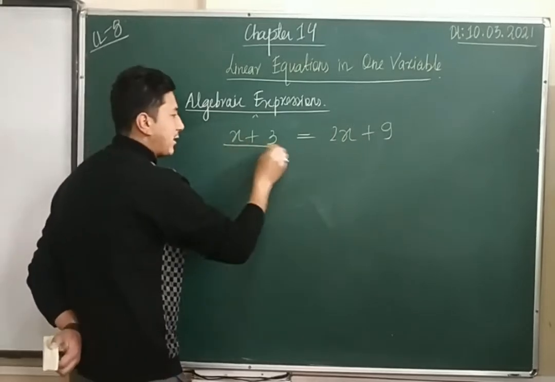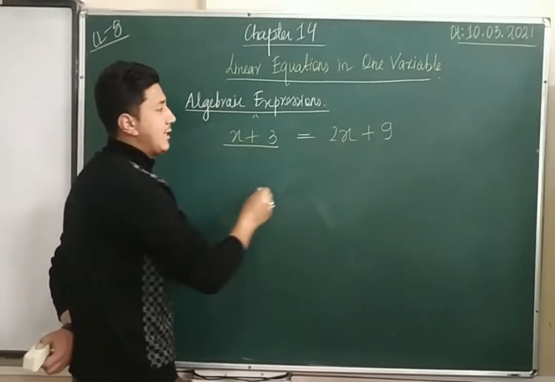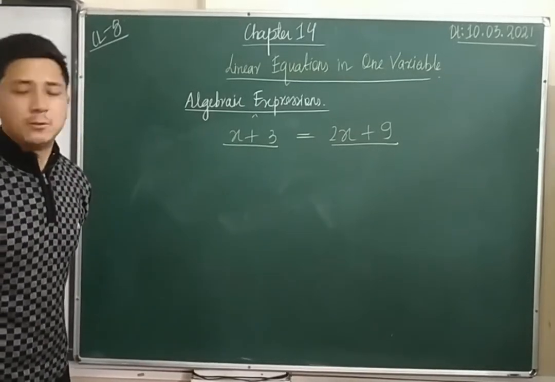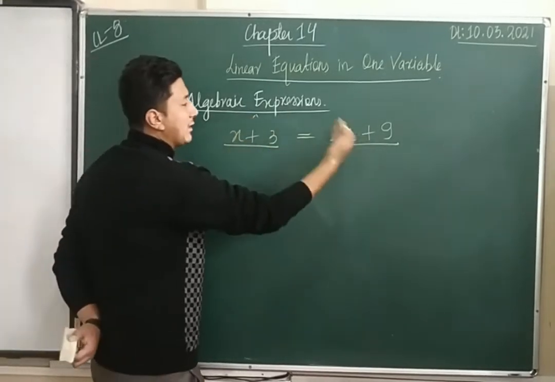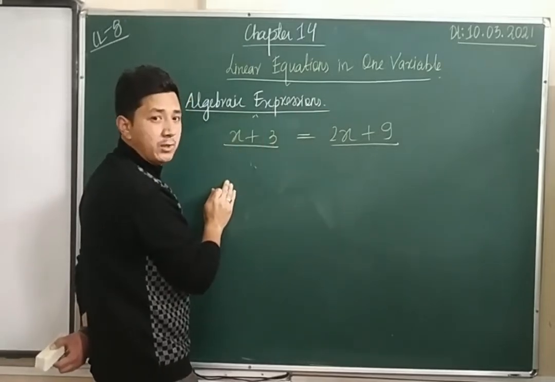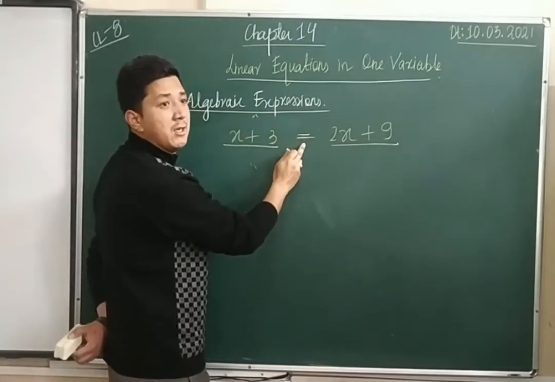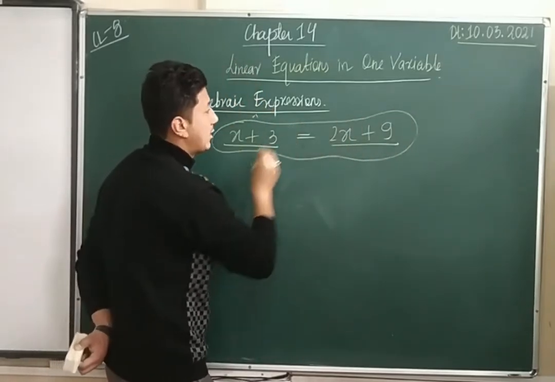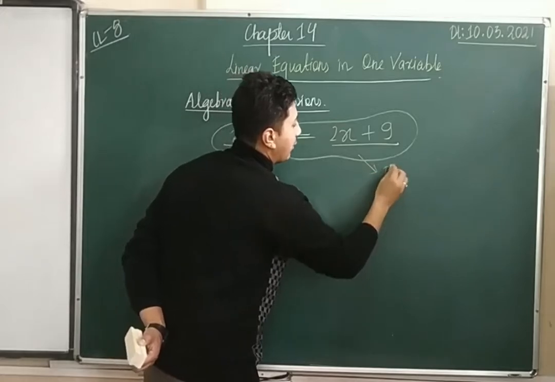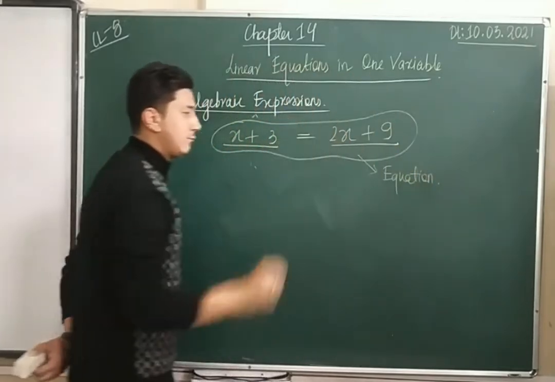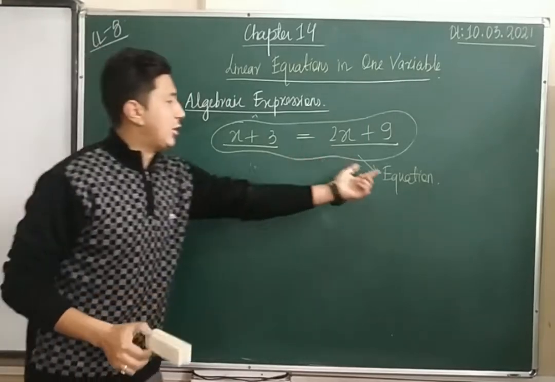This is an algebraic expression on the left hand side, and this is also an algebraic expression on the right hand side. In between these two algebraic expressions, I am getting an equals to sign. Now this becomes an equation.